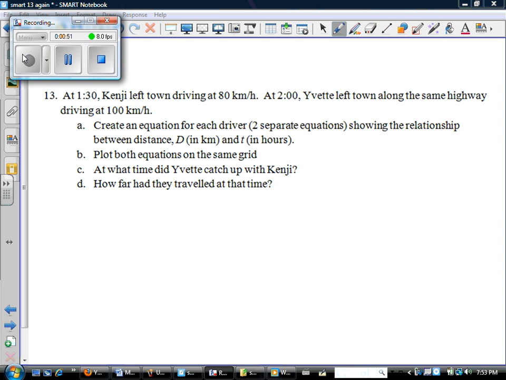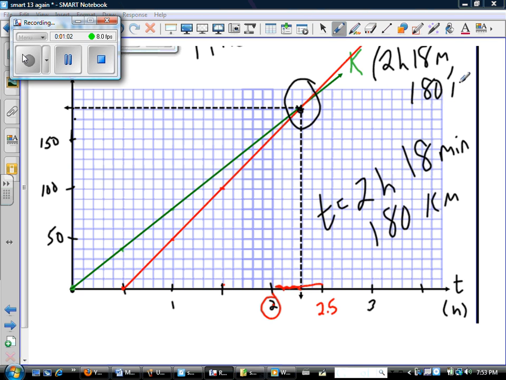So again, this was what question 13 was. It was the one about Kenji and Yvette, and they both left from the same spot, but Yvette left half an hour later, etc. So you should recall from the original question 13 video that we answered the question by saying that this point of intersection right here was when Yvette caught up to Kenji, and that it occurred at the 2-hour and 18-minute mark.